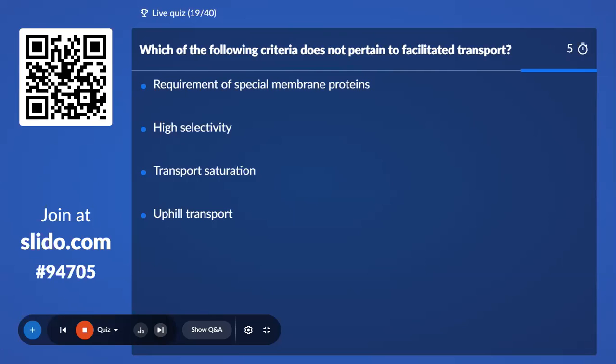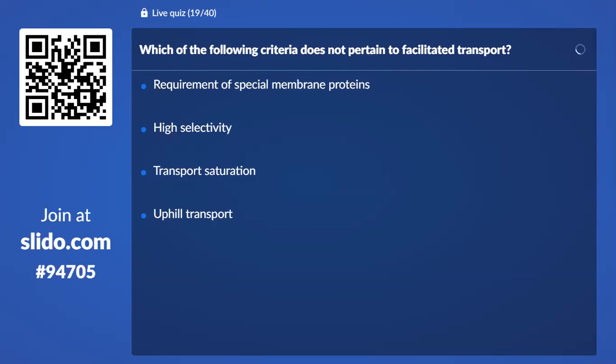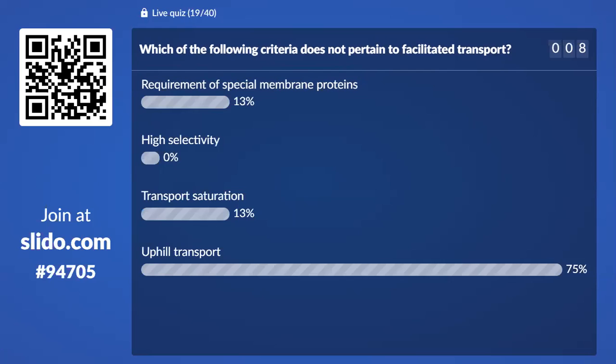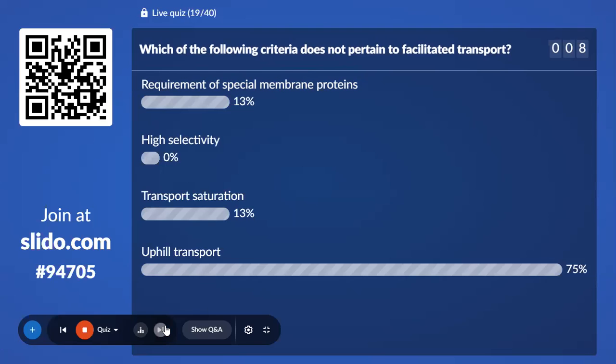Which does not pertain to facilitated transport? The correct answer, given by 75%, is uphill transport. 20th question, after which you have the 4th leaderboard.